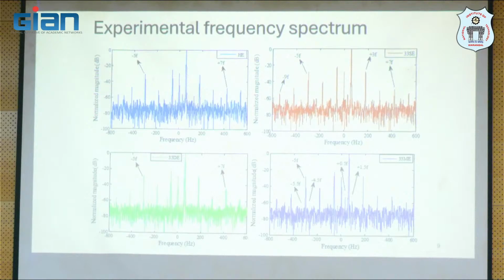So what I'm trying to say is, even though motor current signature analysis is widely used, it is still not immune to many problems or challenges.